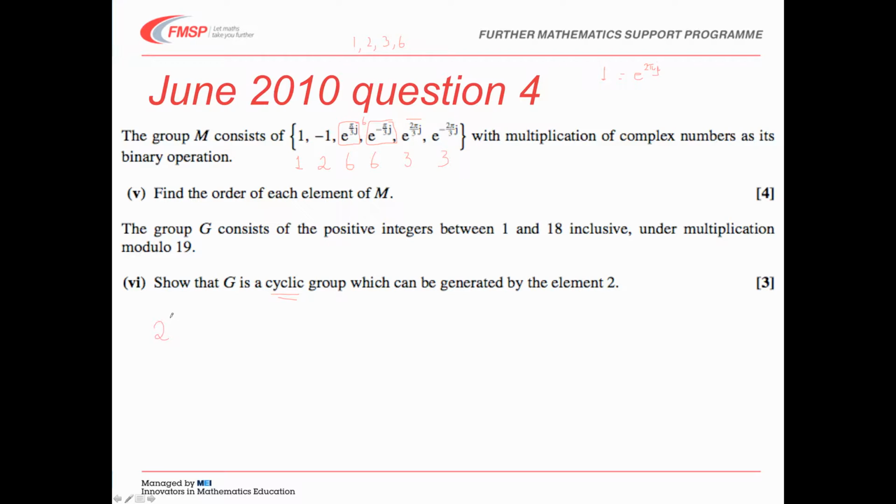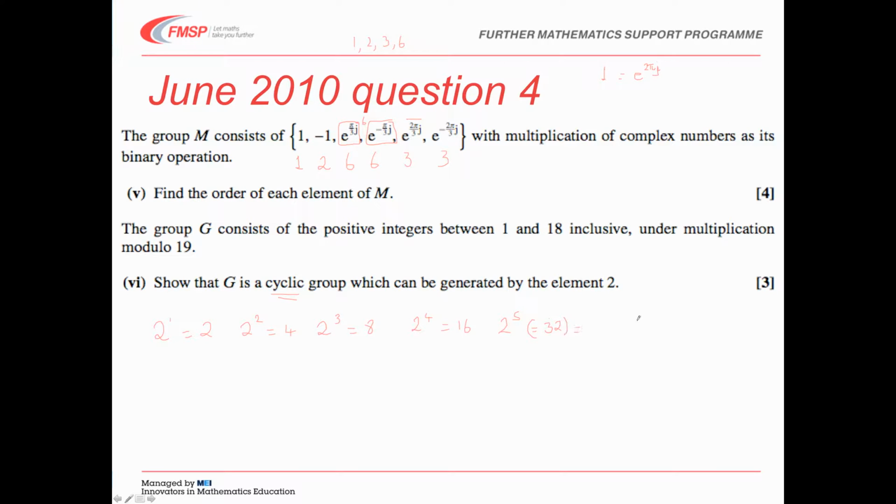So 2 to the 1 equals 2, 2 squared equals 4, 2 cubed equals 8, 2 to the power 4 equals 16. We're still not being affected by this modulo bit, but then 2 to the power 5 is 16 times 2, which is 32.